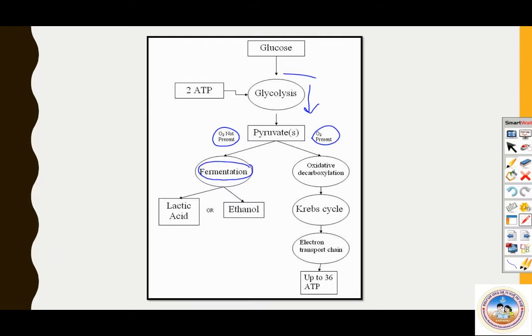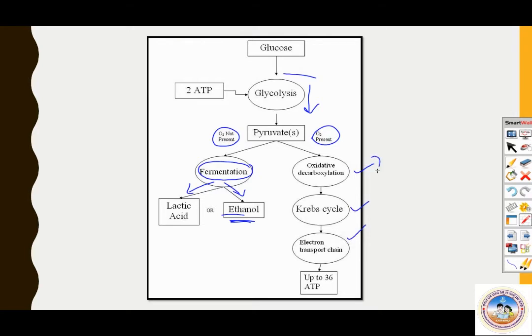So in fermentation, what happens? Two things are usually produced, lactic acid and ethanol, and of course carbon dioxide is also produced. Whereas in the presence of oxygen, don't worry, you will be studying everything in detail, it will undergo oxidative decarboxylation, the Krebs cycle and the electron transport chain.